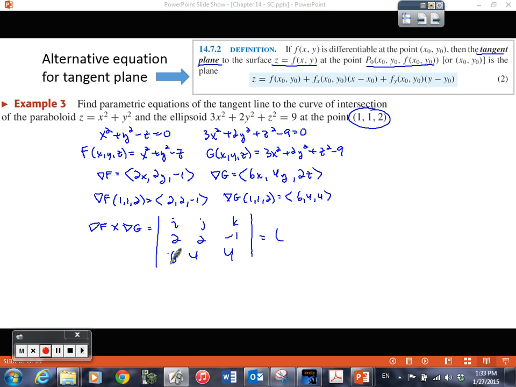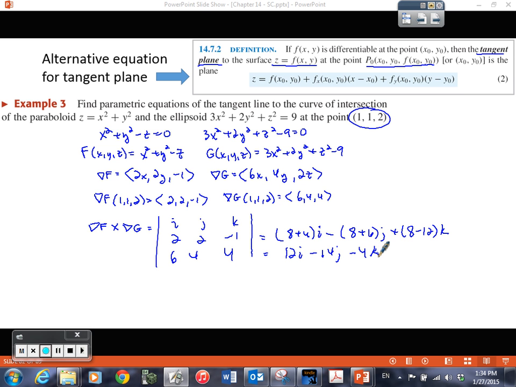Remember, we cover up this part and do our multiplication. So we get 8 plus 4 i. Remember the middle one is always minus, so 8 plus 6 j, plus 8 minus 12 k, which gives us a vector of 12i minus 14j minus 4k.